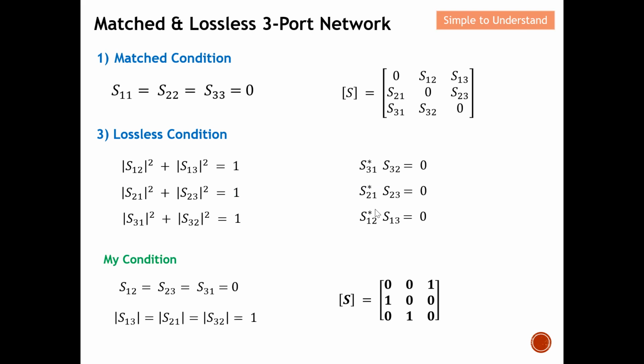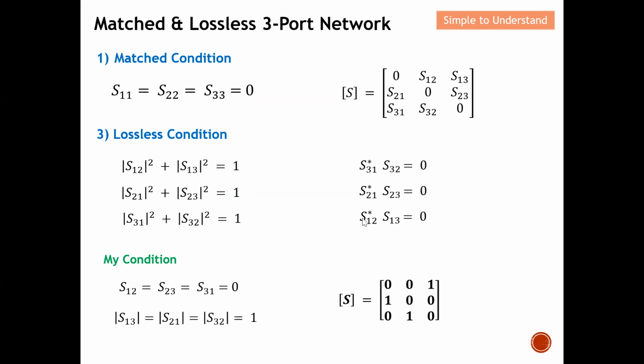So if I let S12 equal 0, then I can only let S23 become 0. If I let S21 equal 0, it will be reciprocal, and this disobeys what I explained in my previous video: for a triport network, it is almost not possible to have matched, reciprocal, and lossless simultaneously.